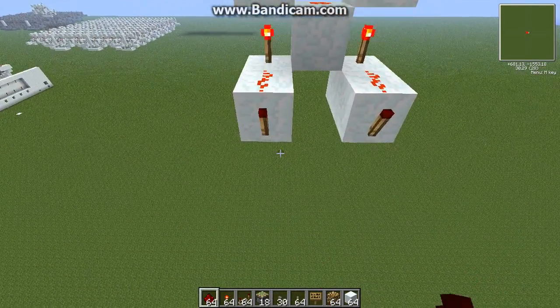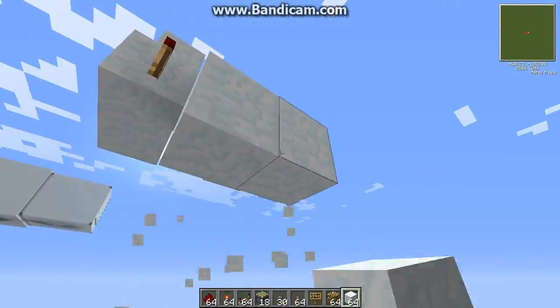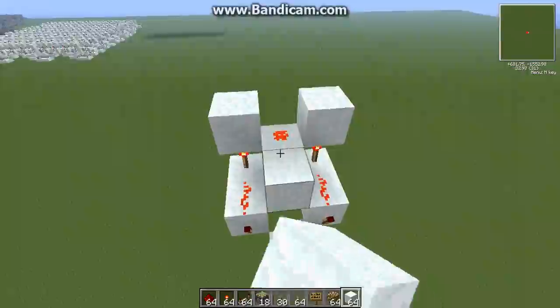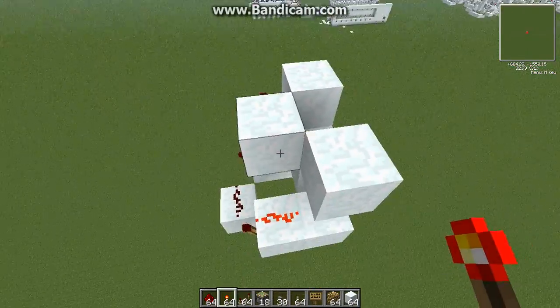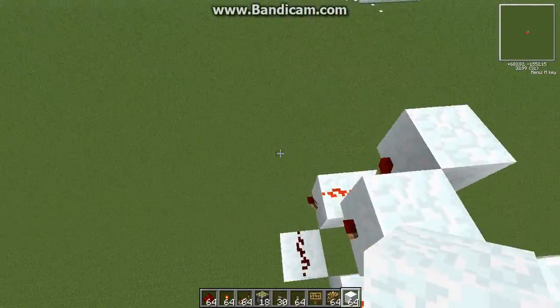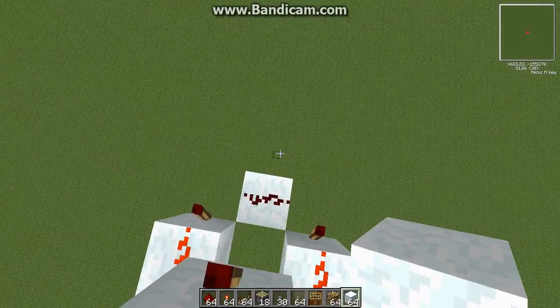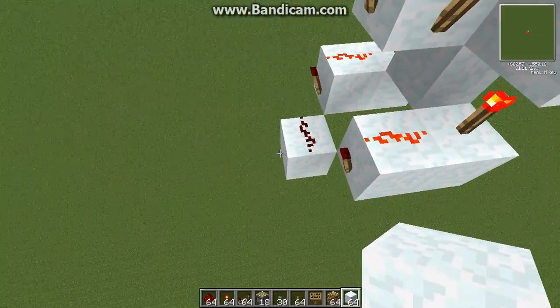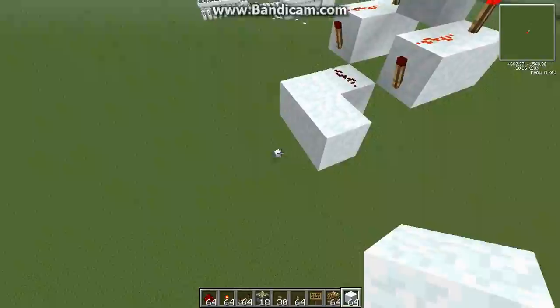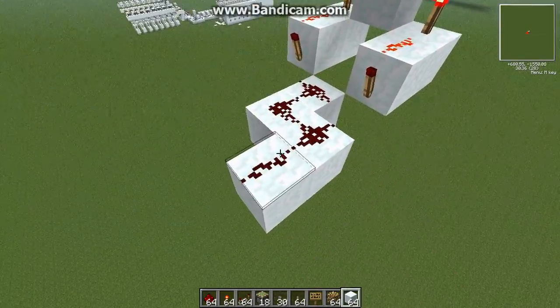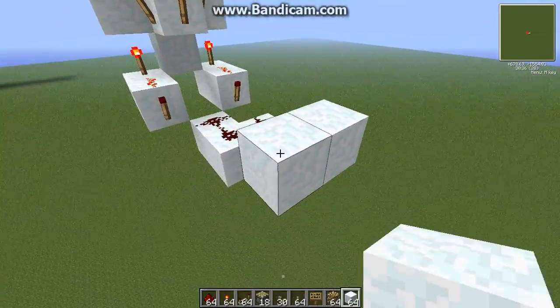I'm assuming everyone knows about XOR gates by this point. And again, this is the same design we've always used. The carry is going to be coming in from that side, so I'm going to move the output over here. And then I build the second XOR gate.